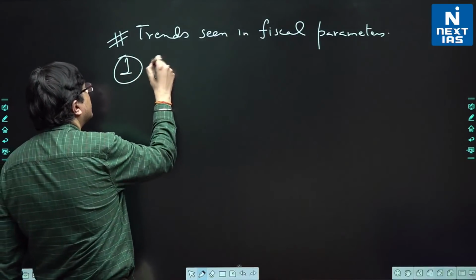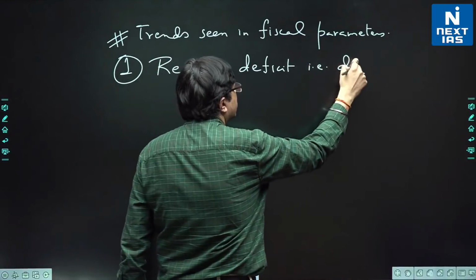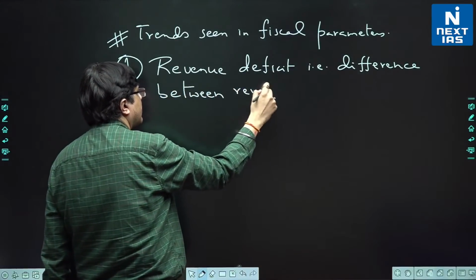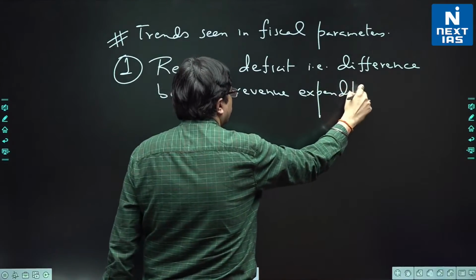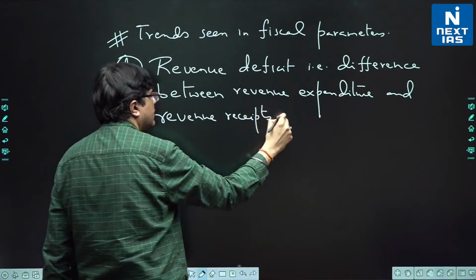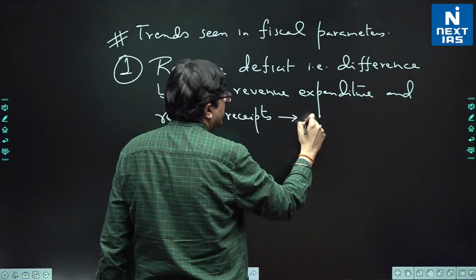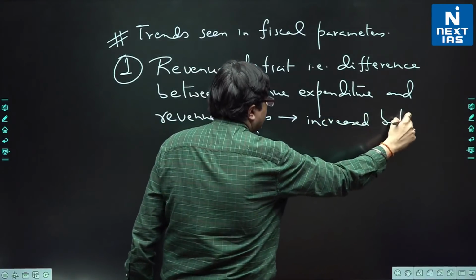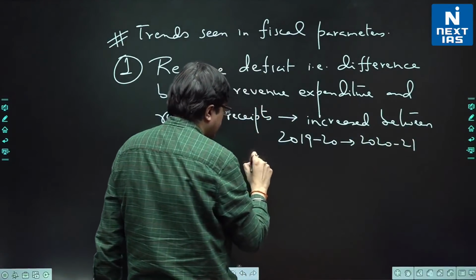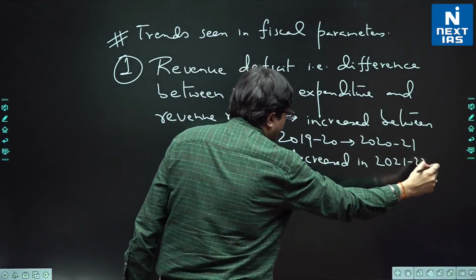first thing, when it comes to the deficit concepts, revenue deficit, that is the difference between revenue expenditure and revenue receipts of the government, has increased between 2019-20 and 2020-21 and decreased in 21-22.